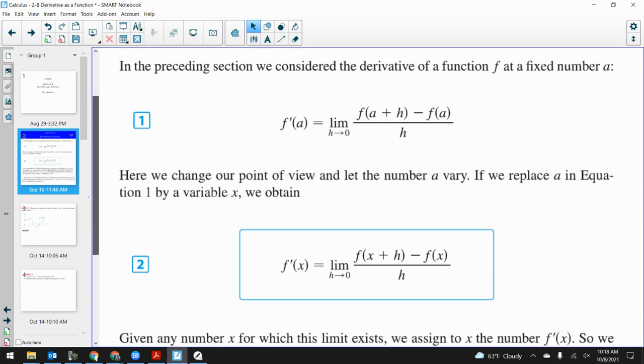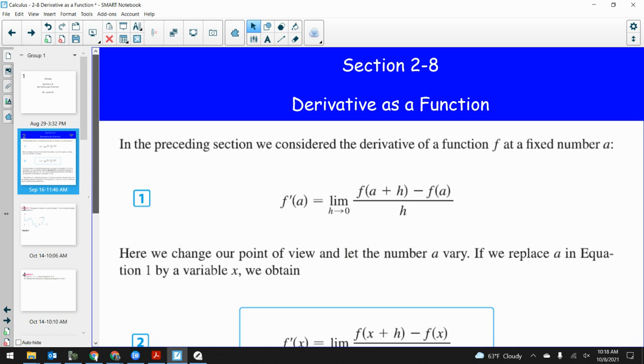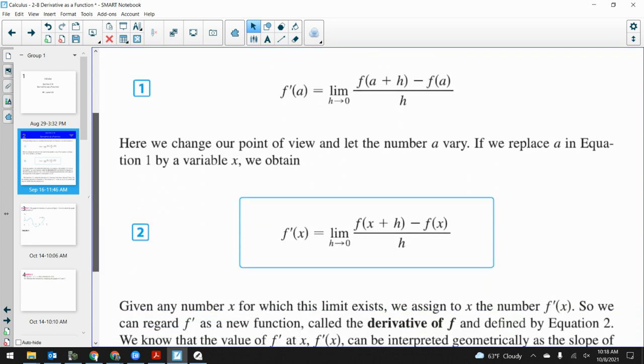So what we do is we just change the notation a little bit. What's the difference in notation? This is f prime of x. Oops. Go back. This is f prime of x, which is really just equivalent to f of x plus h minus f of x all over h. f of x plus h instead of f of a plus h. It's really the same thing. But when you're calling it a function, all you need to do is plug in x instead of a.